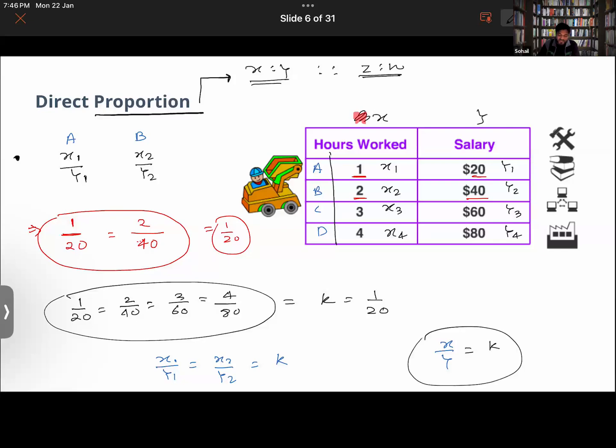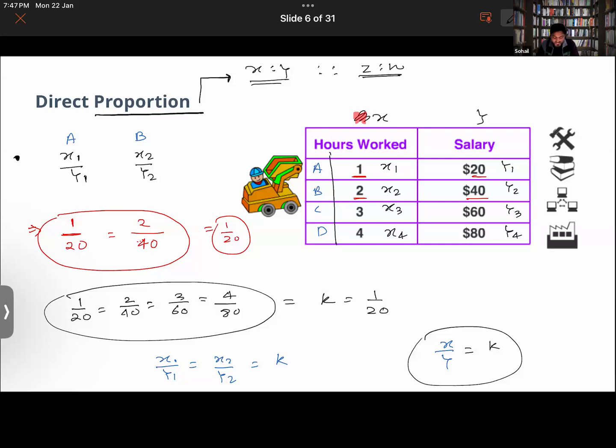Whether you take x1, x2, x3 upon y3, or x4 upon y4, it always gives you a constant value k. That is 1 upon 20 here. This is the form in which direct proportion is seen. Hope you guys have understood this, right?